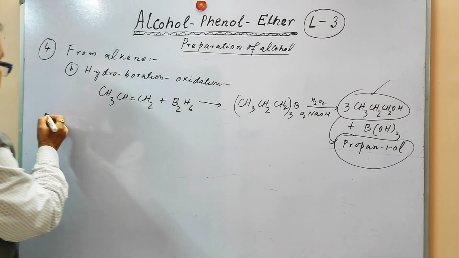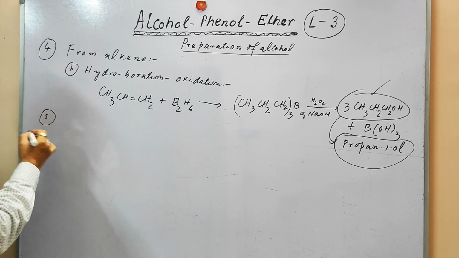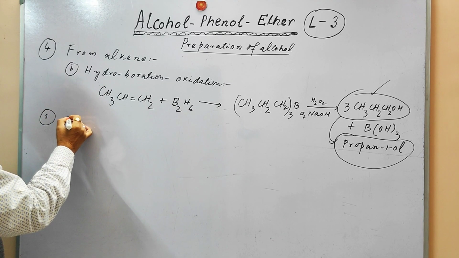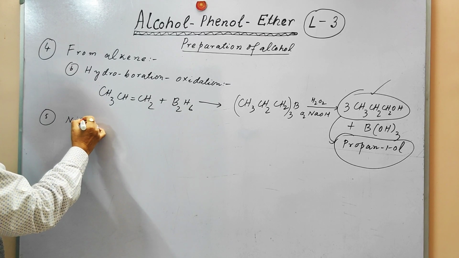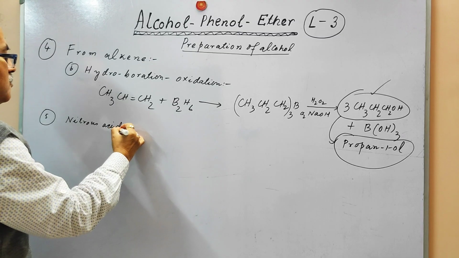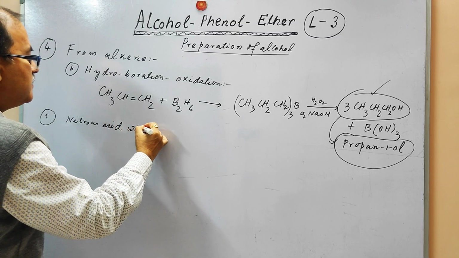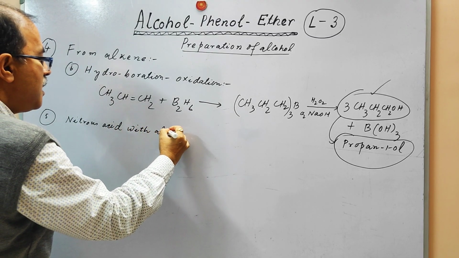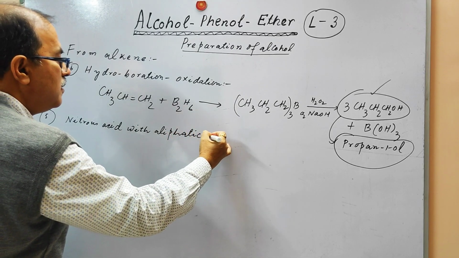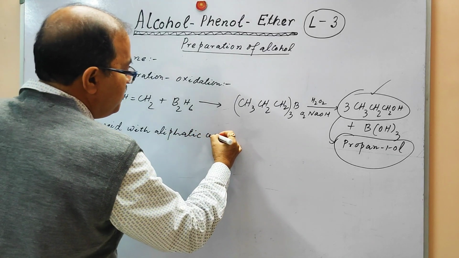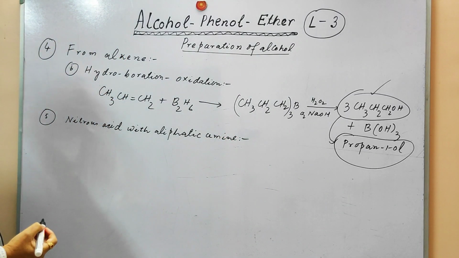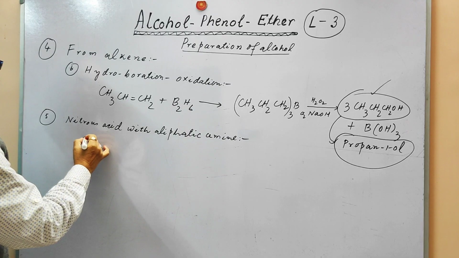And the fifth process: alcohol can be prepared by the action of nitrous acid with aliphatic amine. With the aliphatic amine and nitrous acid, you can also produce this alcohol. And the reaction is this.